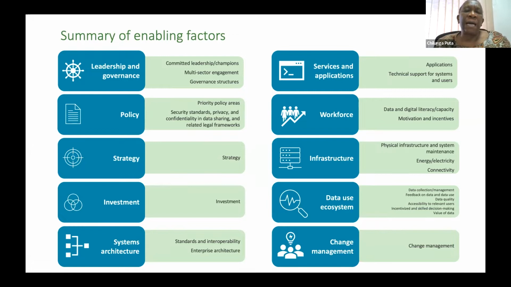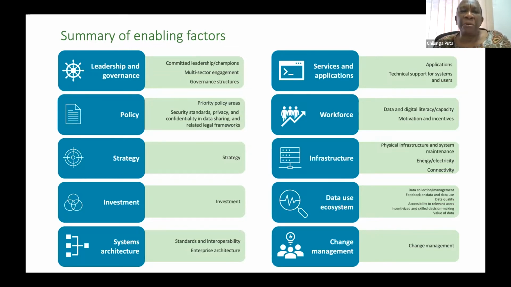So we found that the countries identified some enabling factors. One of those, of course, we all know this, is leadership and governance. It's important for leaders to be committed. It's important for leaders to champion.